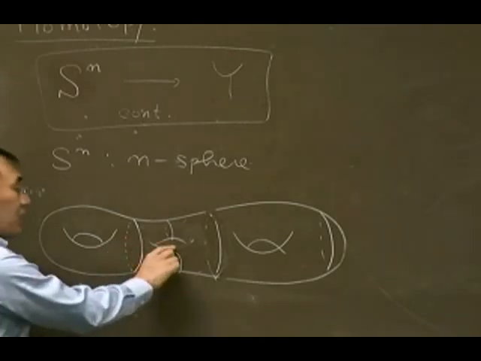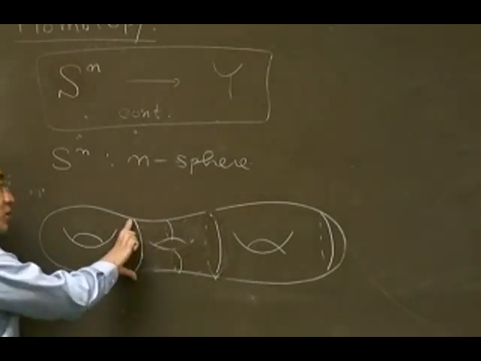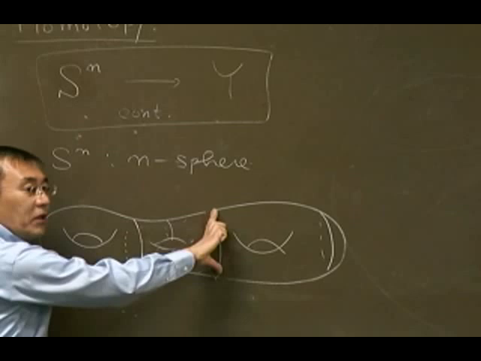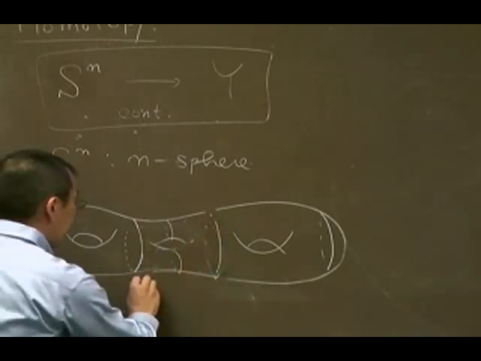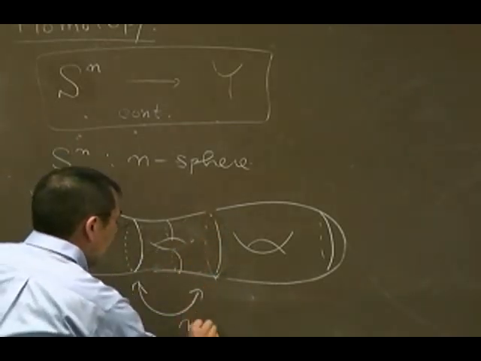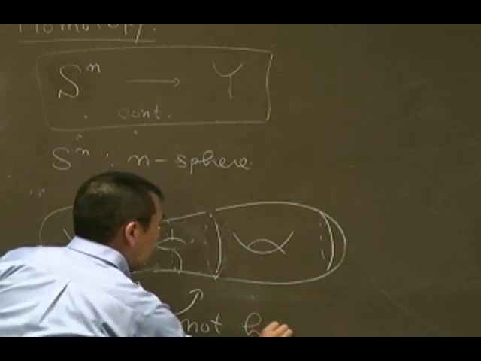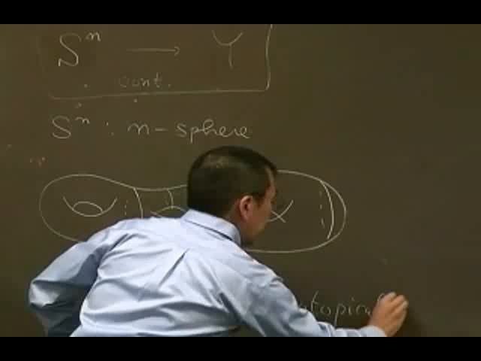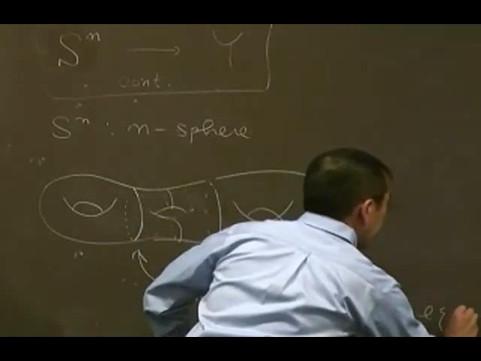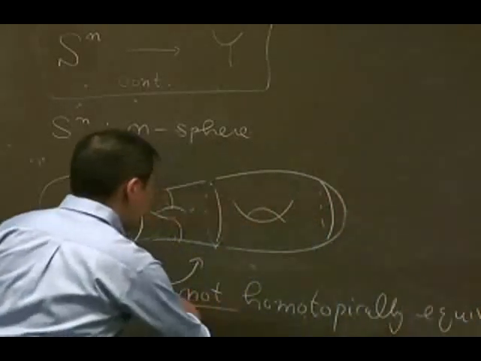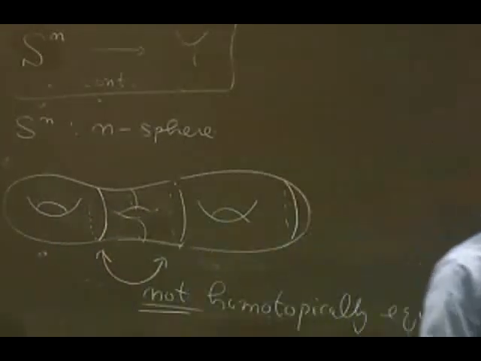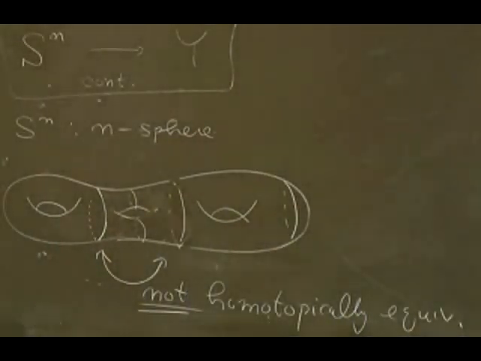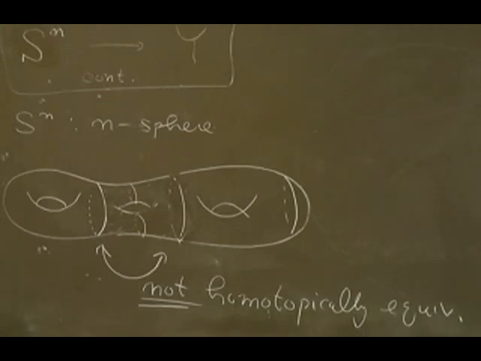So you cannot continuously deform this over here. So these are not homotopically equivalent. So that's one distinction between homology and homotopy.